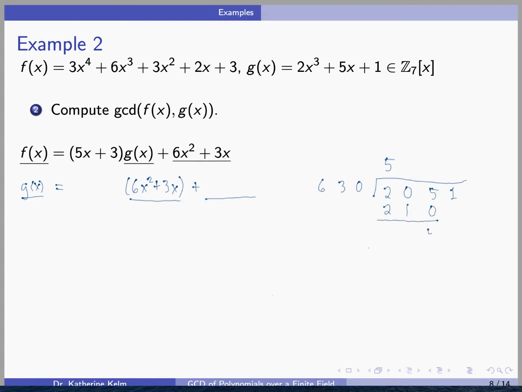Subtracting, 5 minus 0 is 5. 0 minus 1 is negative 1, which is 6 mod 7. And then we bring down the 1. 1 times 6 is 6, multiplying through by 1. And then subtracting.